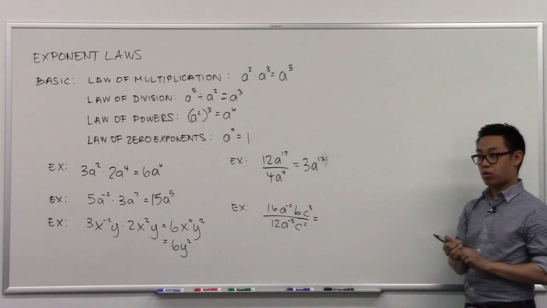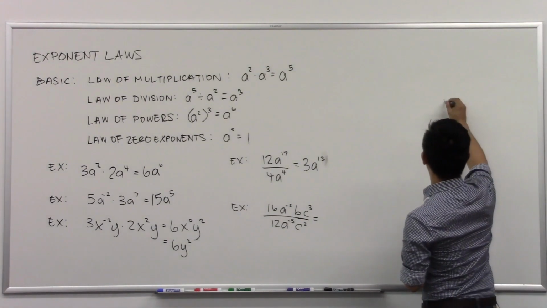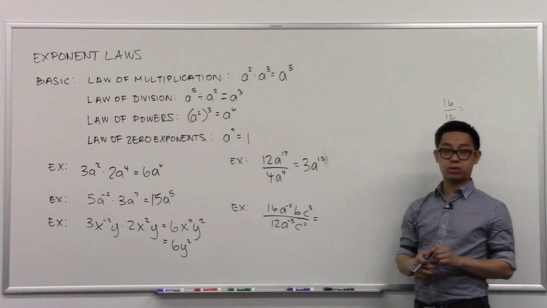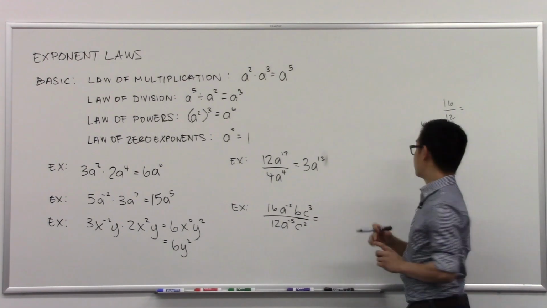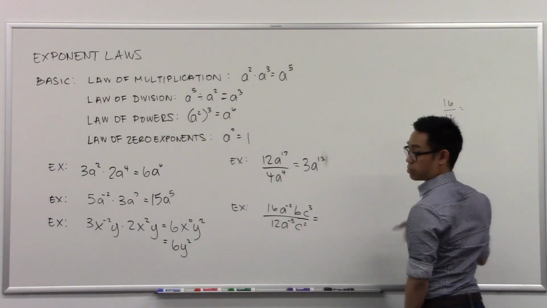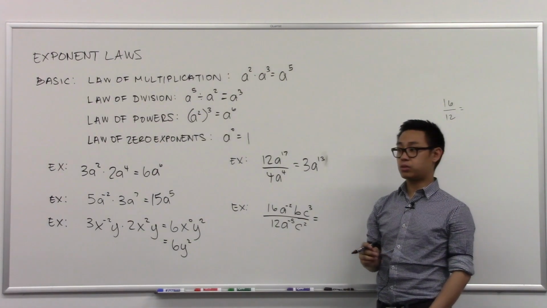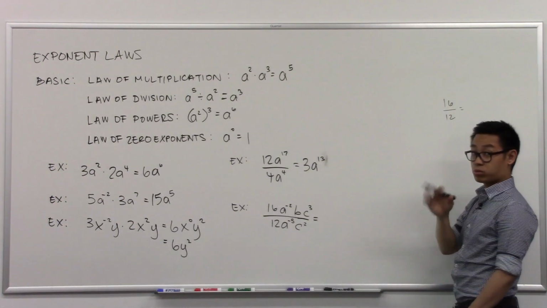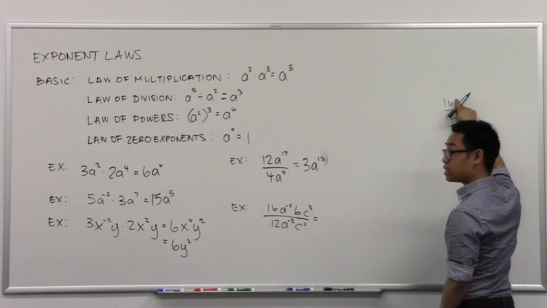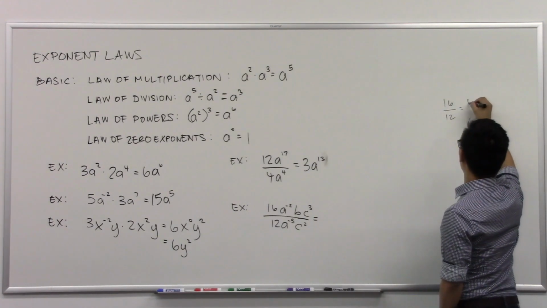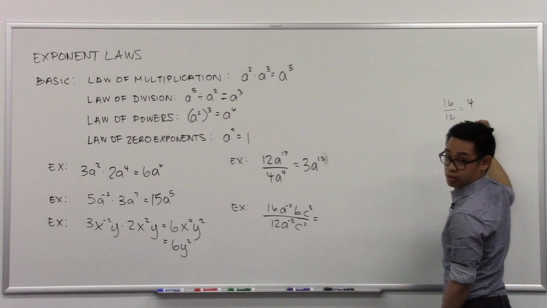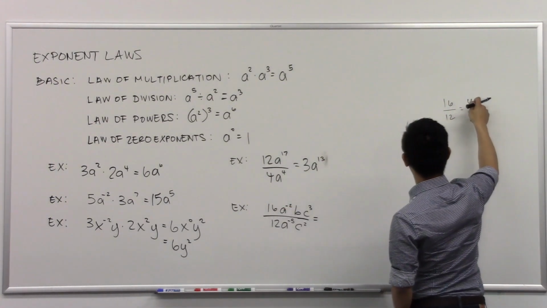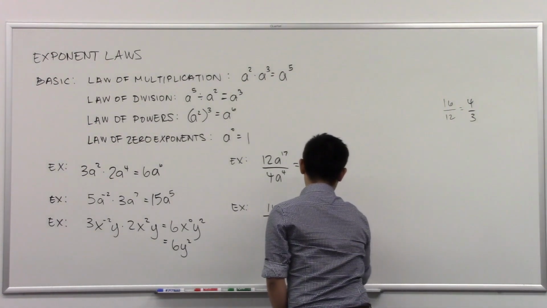If I had given you 16 over 12 on its own, why can't you leave it 16 over 12? Yeah, you have to reduce. So you can reduce this by what? Don't say 2. You can reduce it by 4. So you divide, don't subtract, right? So 16 divided by 4 is? Yep, good. And 12 divided by 4 is? Good. So in the same way that 16 over 12 would reduce to 4 over 3, the beginning part is 4 over 3 here.